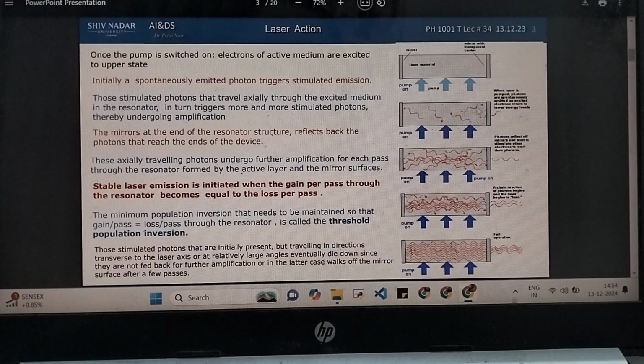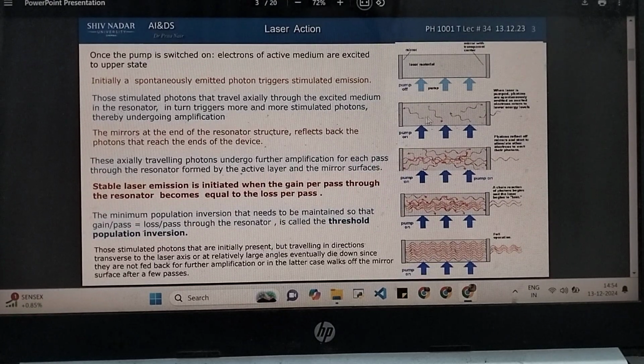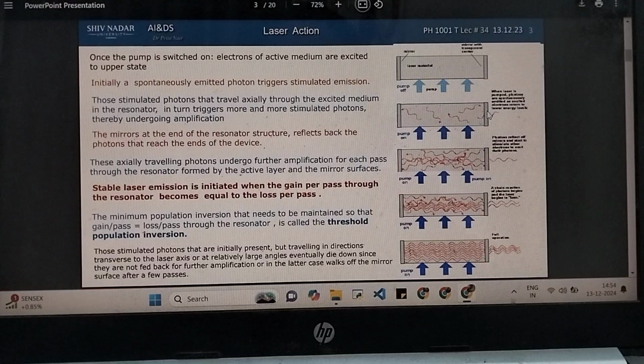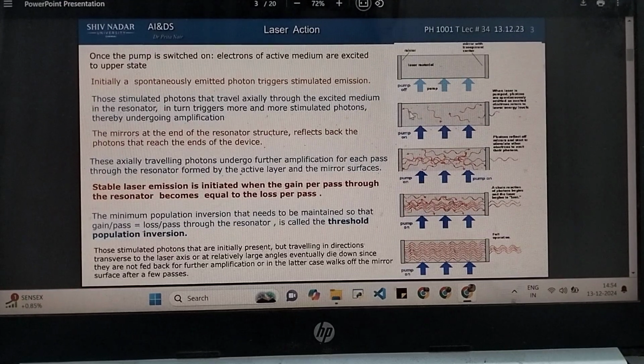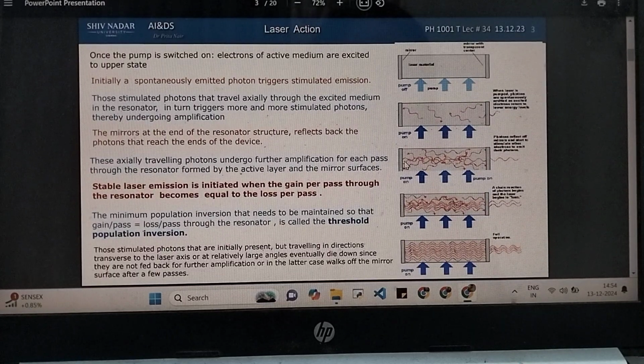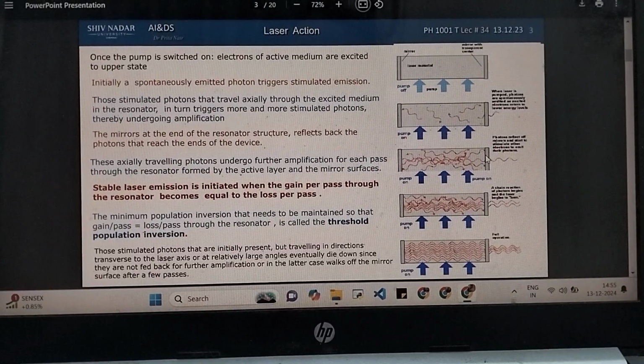So now the ones that came out because of stimulated emission, as we know, will travel in a particular direction, in uniform direction with uniform phase and so on, right? So they travel axially, that is horizontally. Here most of them are traveling in a sort of uniform direction along the axis. They are the stimulated emission triggered photons.